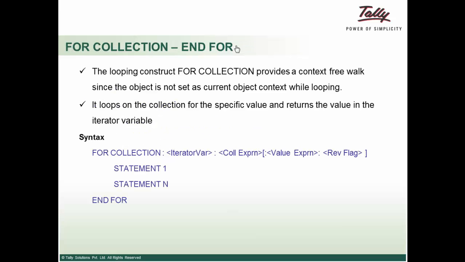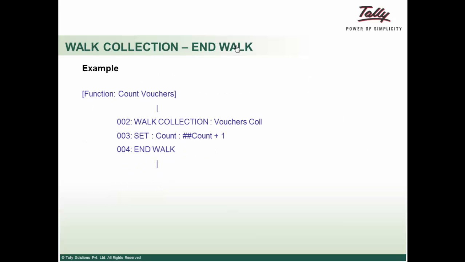For collection, the looping construct for collection, provides a context-free walk since the object is not set as the current object. The difference between for collection and walk collection: the moment you write walk collection and you provide a collection name here, this collection becomes your current object context. So that is the object switching context here.